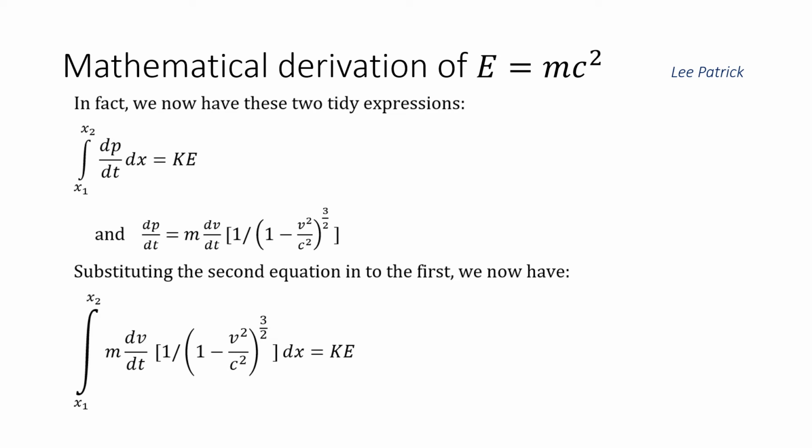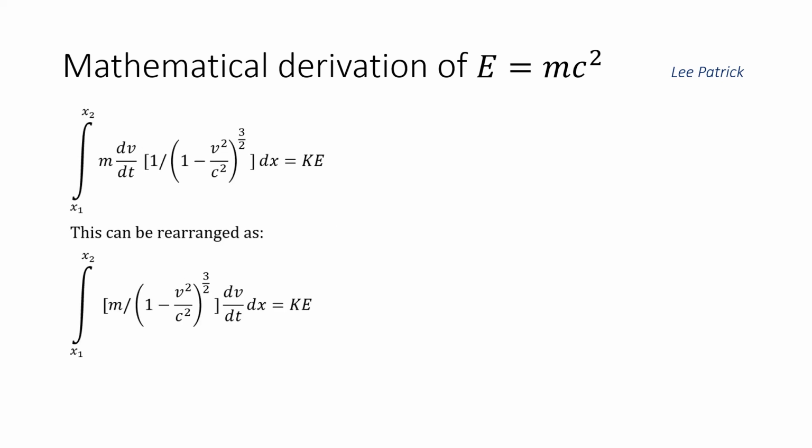Substituting the second equation into the first, we now have the integral from x1 to x2 of m dv by dt multiplied by 1 over (1 minus v squared over c squared) to the power 3 over 2, with respect to x, equals kinetic energy. This can be rearranged as the integral from x1 to x2 of m divided by (1 minus v squared over c squared) to the power 3 over 2, dv by dt, with respect to x, equals kinetic energy.